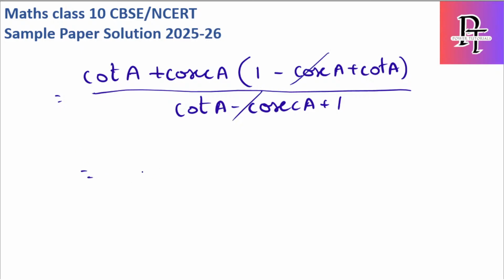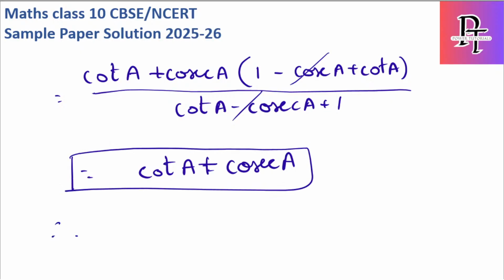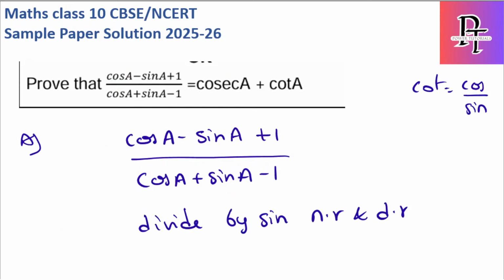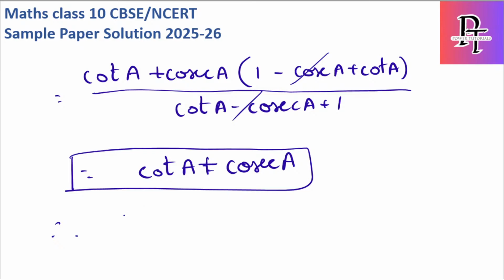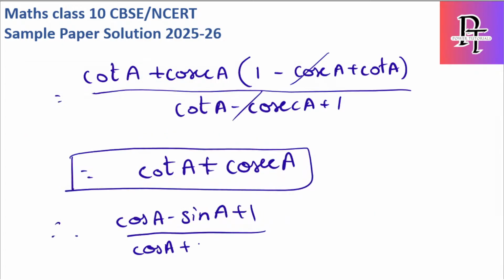Hence I will get the value as cot A plus cosecant A. We should also write the left side at the denominator, then it will be better. Cos A minus sin A plus 1 by cos A plus sin A minus 1 is equal to cot A plus cosecant A.